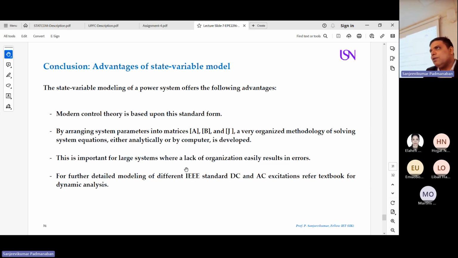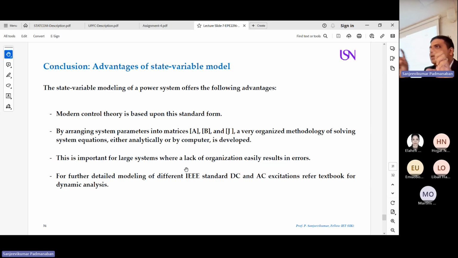The complete power plant of your Norwegian region can be represented in one matrix with n cross n size for A, B, and C. And we fix symmetrical matrices based on the parameter. If it is a voltage or current, it is a column matrix.